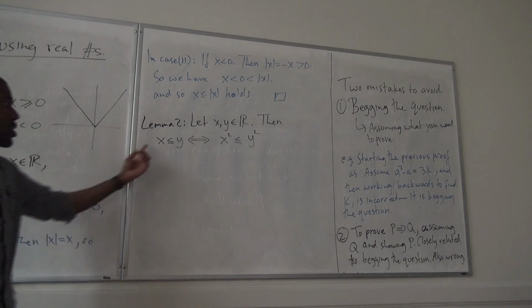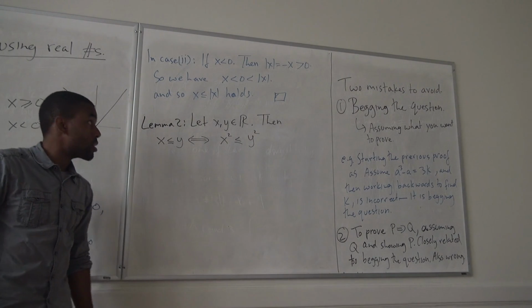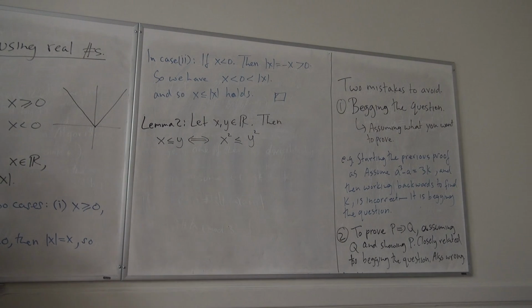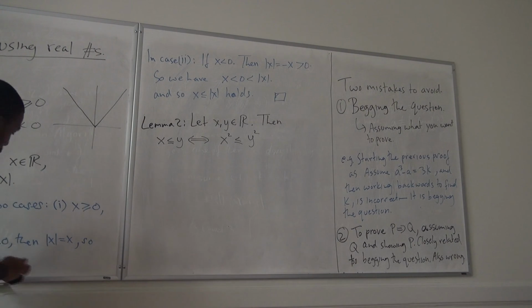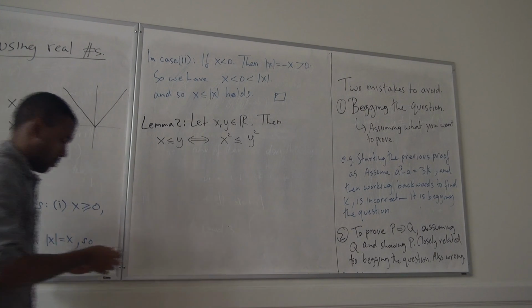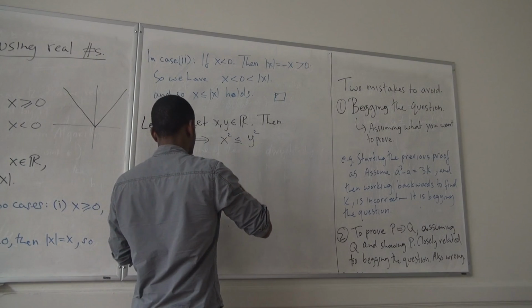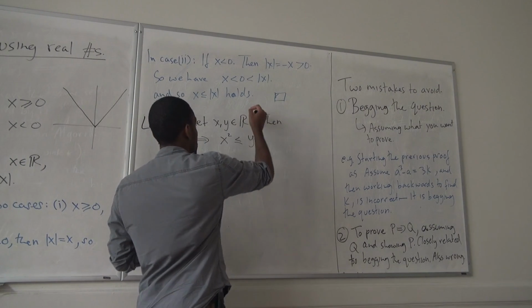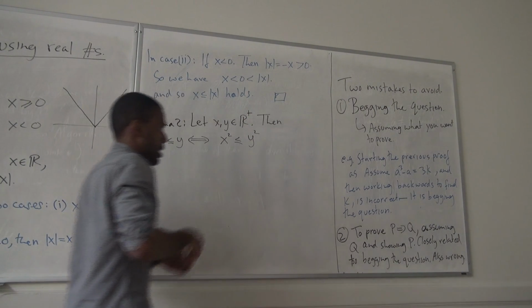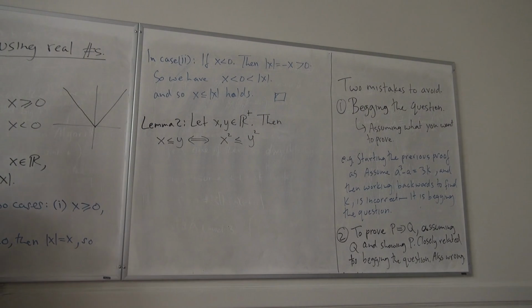In other words, squaring maintains the order of which is bigger or smaller, for positive numbers. It actually won't work for negative numbers. And in the next section, we'll learn about counterexamples.